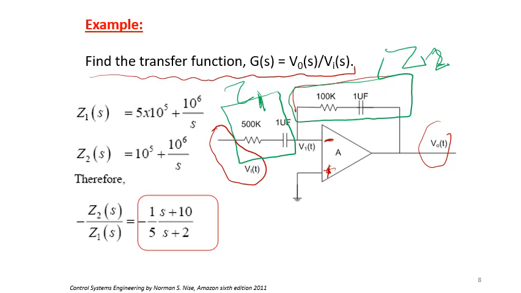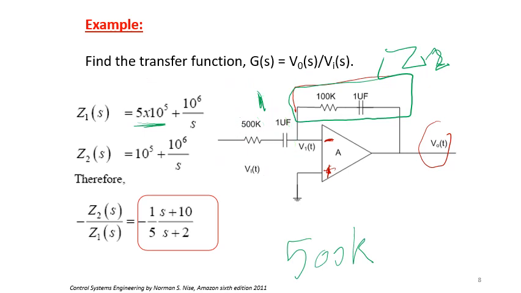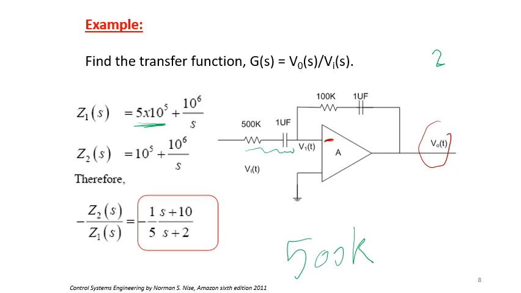So Z1 is equal to 5 into 10 to the power 5. He means here 5 into 10 to the power 5, 500K. 500K is 500,000, which means 5 into 10 to the power 5, plus, because they are in series, as you see here, this resistor with this capacitor in series, so we just add them.